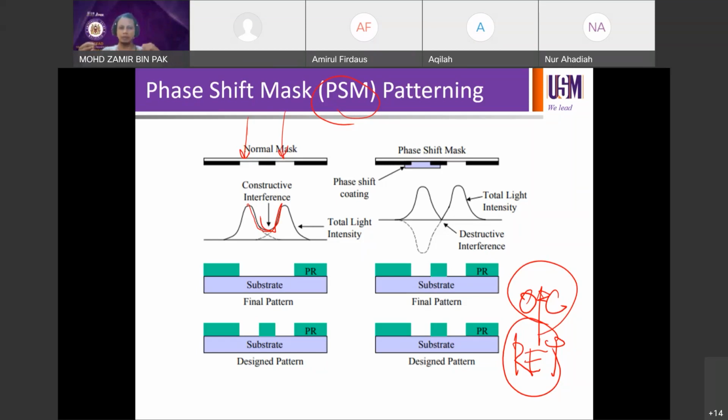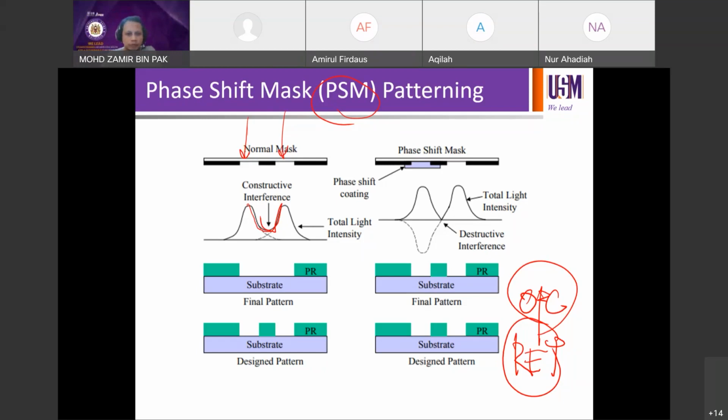Okay, so when you print, when there is constructive interference, you will see resist remaining because the exposure is not enough. So the photo solubilization or the hardening effect will not be properly in place when you do the exposure.